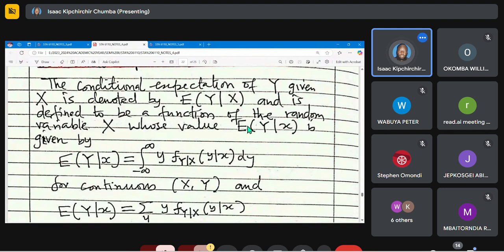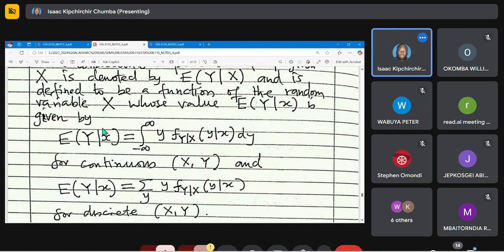Now, the value it assumes is defined as follows: the expectation of y given small x. Assuming continuous variables, you multiply by y and use the conditional distribution of y given x, and then you integrate with respect to y.